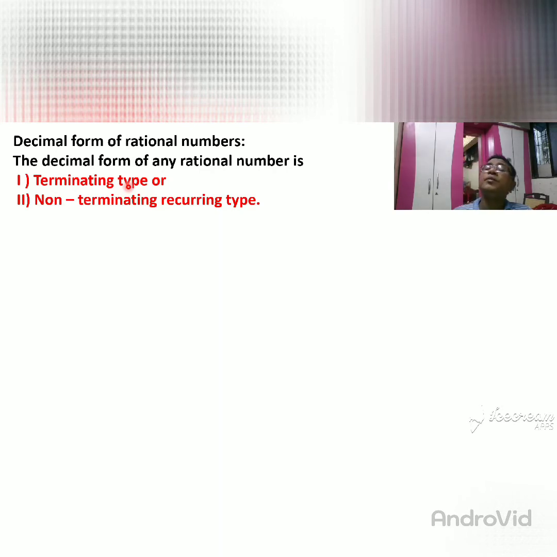And if the remainder is not 0, then it is non-terminating. So when you are doing the divide process and the remainder is 0, it is terminating, and when the remainder is not 0, it is non-terminating. So there are two types of decimal form of rational numbers, one terminating and another non-terminating.